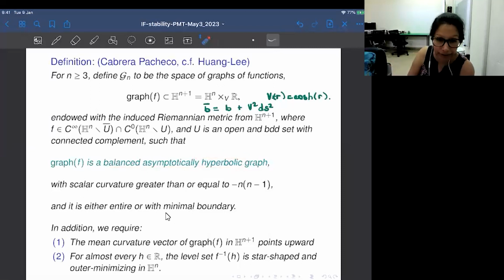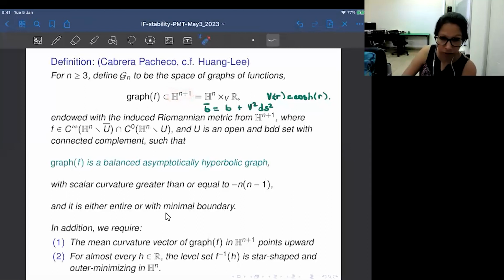We require that the scalar curvature of graph of f is greater or equal than minus n times (n minus 1). And I didn't say this, but graph f, we can give it the Riemannian tensor which is induced by being contained in H^{n+1}.